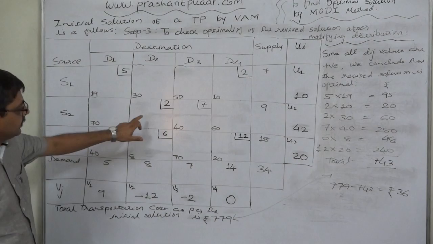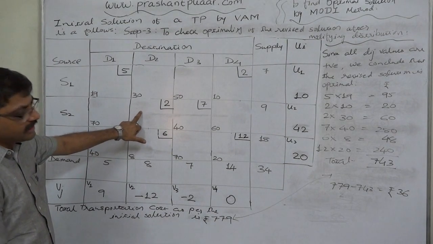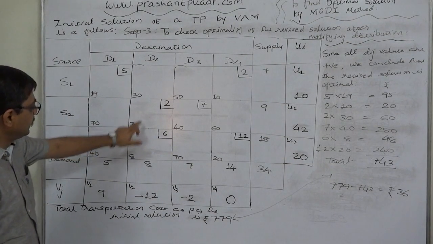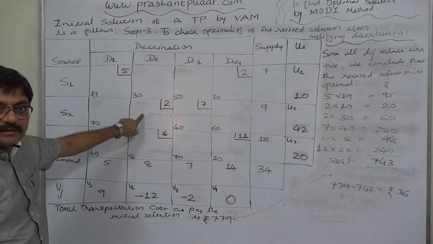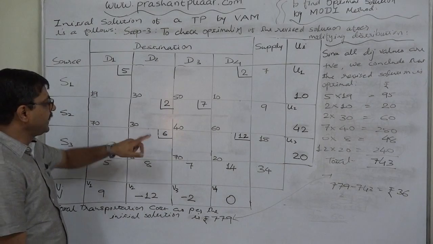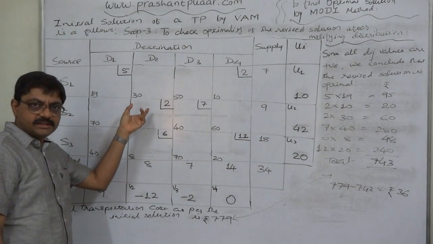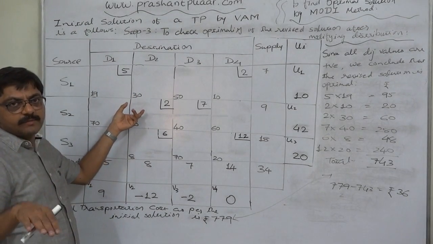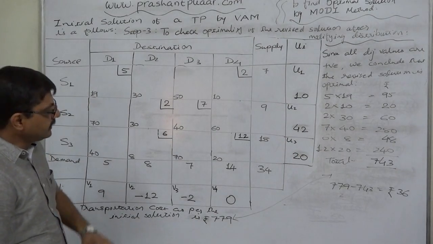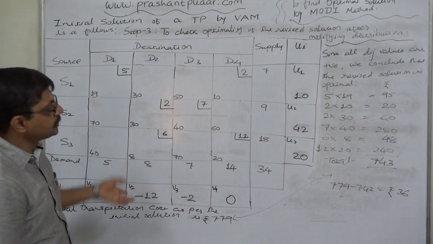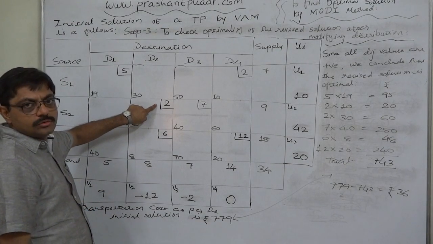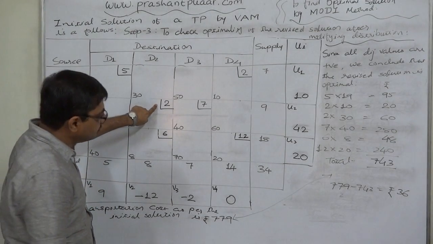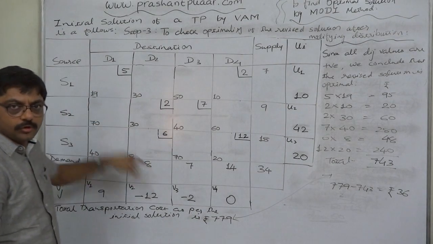Remember, in the first step, when we had calculated Dij value first time, the Dij value for this cell was minus 18. The interpretation was, if we make allocation of 1 unit to this cell, the cost can be decreased by 18. And in the second step of redistribution, we allocate 2 units to this cell with the help of closed loop.